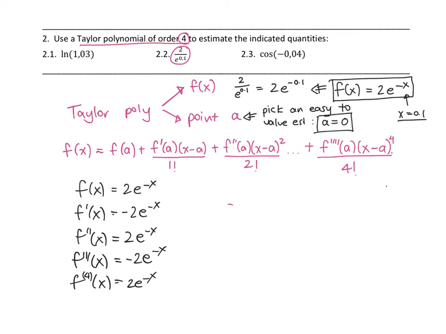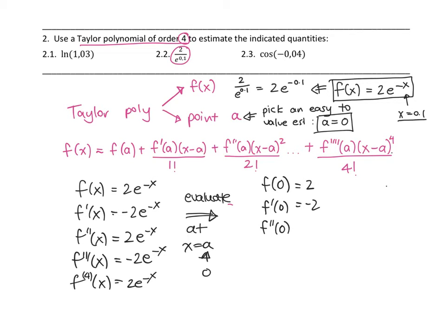So now we have our derivatives, and we know that for a Taylor polynomial, we need to evaluate those at x equals a, and in our case we've picked a as 0, so we're looking at f at 0, and we know that e to the 0 is 1, so that's going to give us a 2. First derivative evaluated will give us a minus 2.